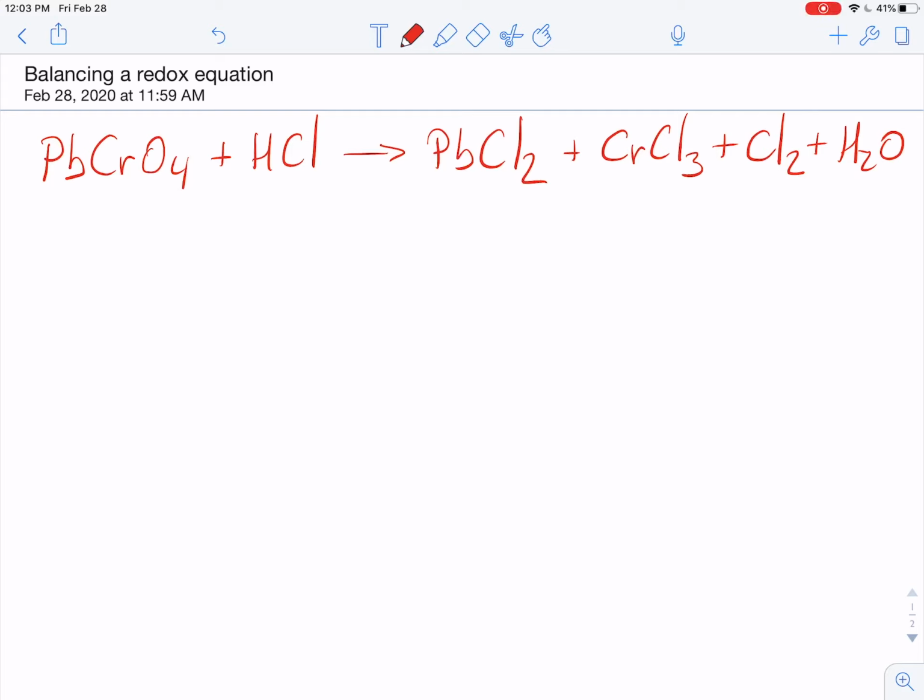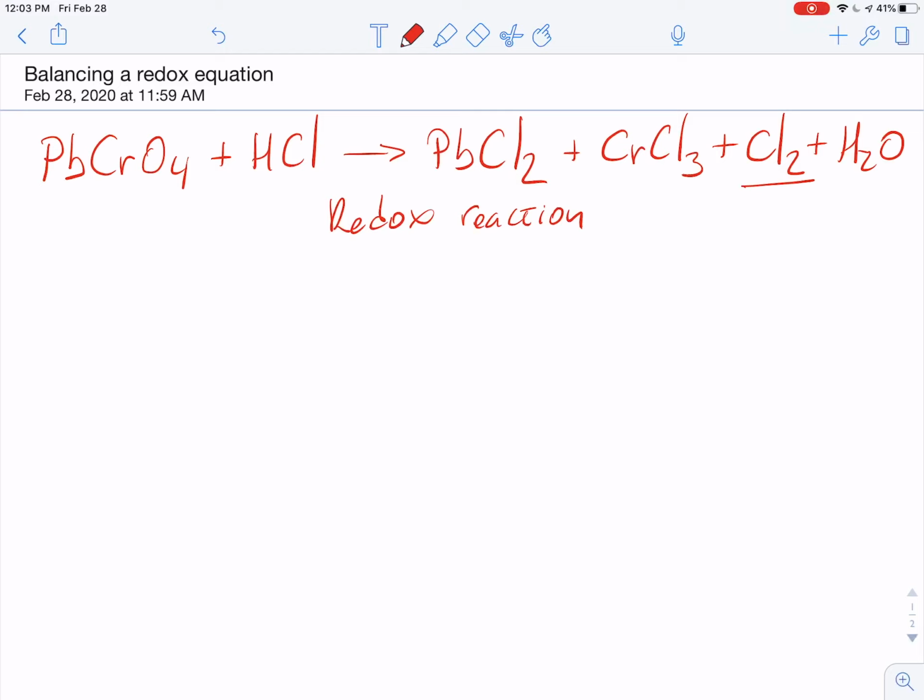Okay, we are balancing this equation, and this is a redox reaction. We know it's a redox reaction because during a redox reaction the oxidation numbers of the elements are changing. Not for all of them, but for some of them. The easiest to recognize here is the molecular chlorine on the product side.